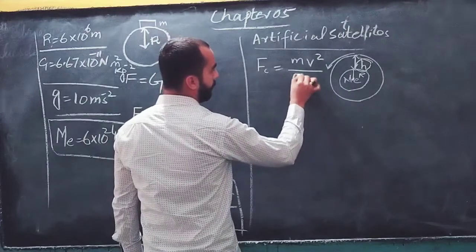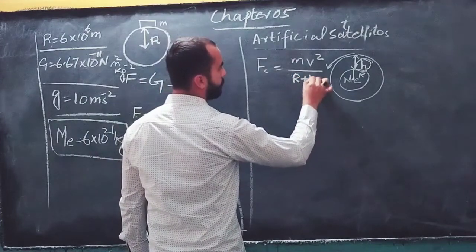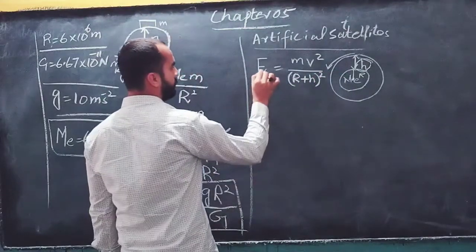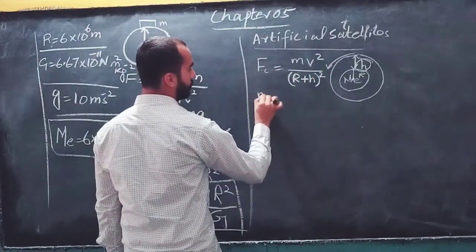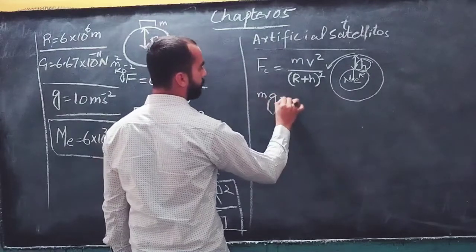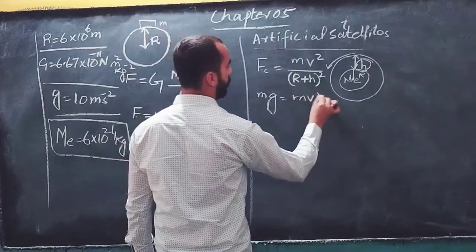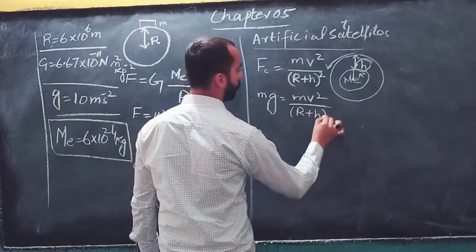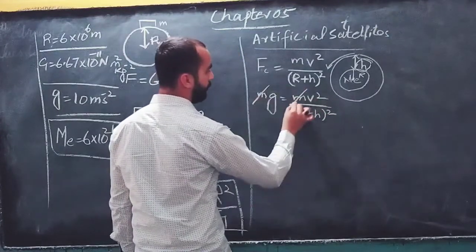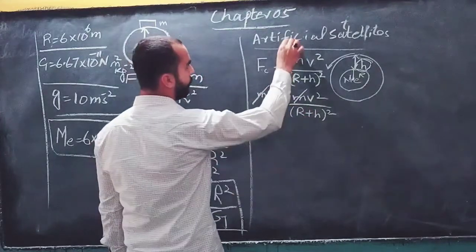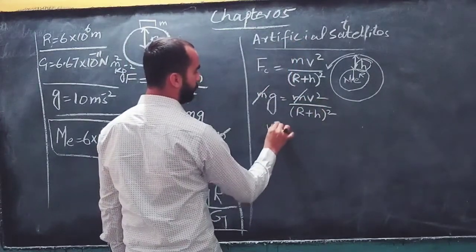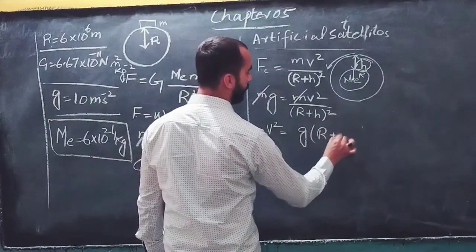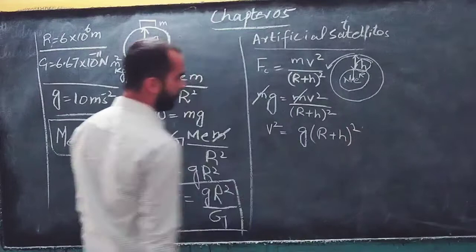So we will write R plus h whole square. As we can say that F is equal to mg, so mg is equal to mv square over r plus h whole square. m will be cancelled with the m, as we are going to find the velocity, so v square will be equal to g into r plus h whole square.